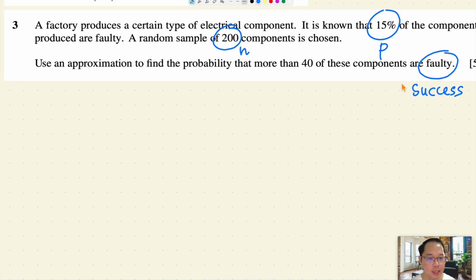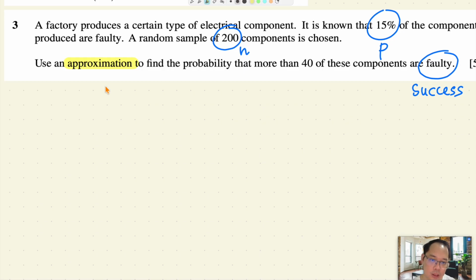Okay. So the question asks us specifically to calculate the probability that more than 40 components are faulty using the approximation. They specifically ask for this approximation, so we should not use the binomial distribution to do the calculation directly.